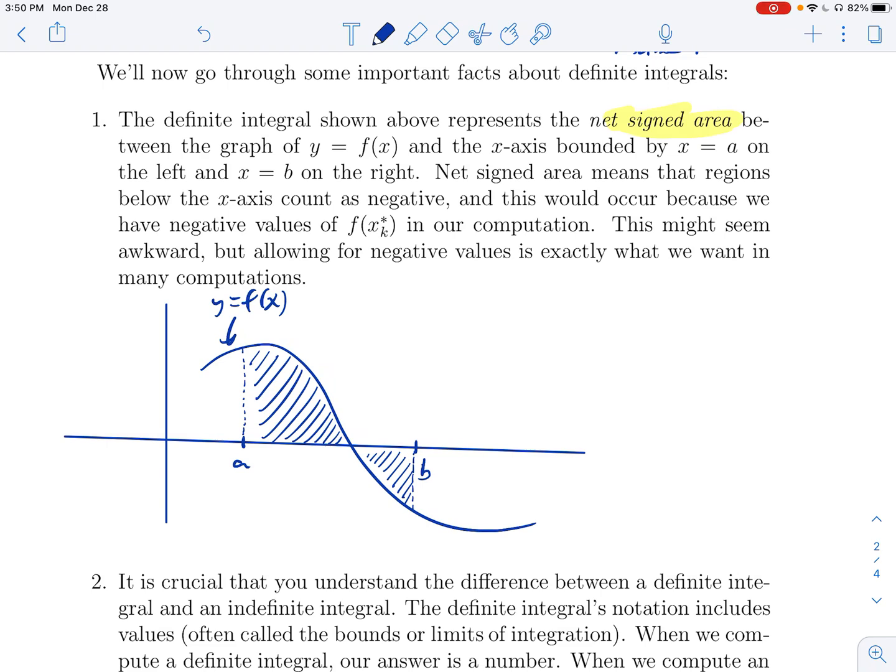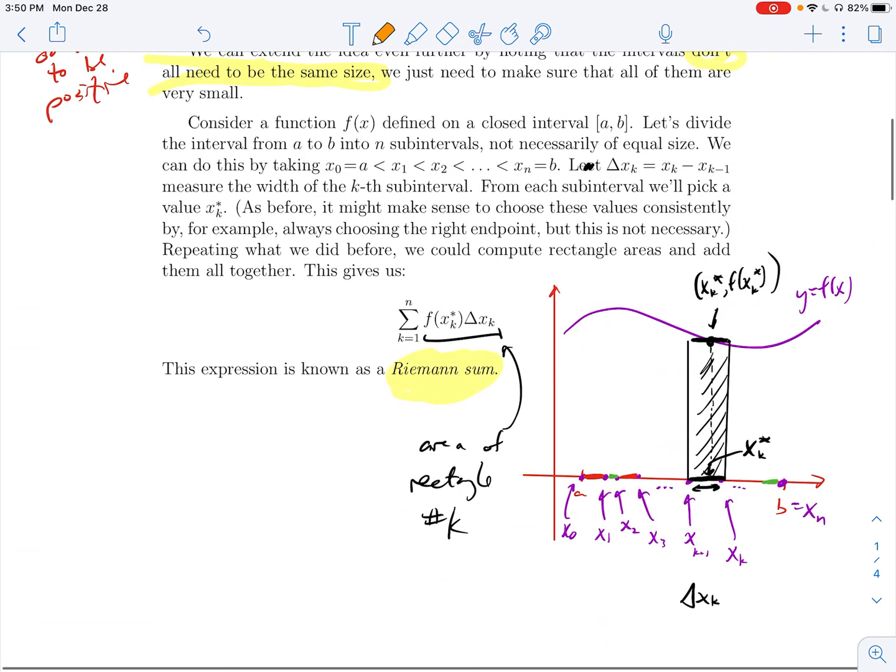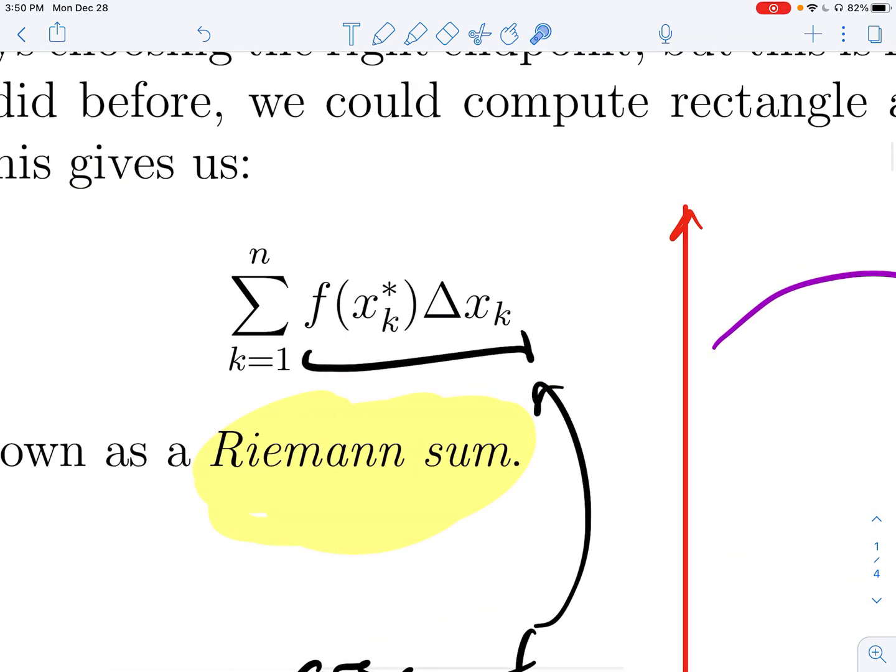Now, when we did this Riemann sum, in theory, one of our rectangles was like this. It would have gone down. So right here, f of x is negative. If we had gone back to our formula, we would have noticed this is negative and this is positive.